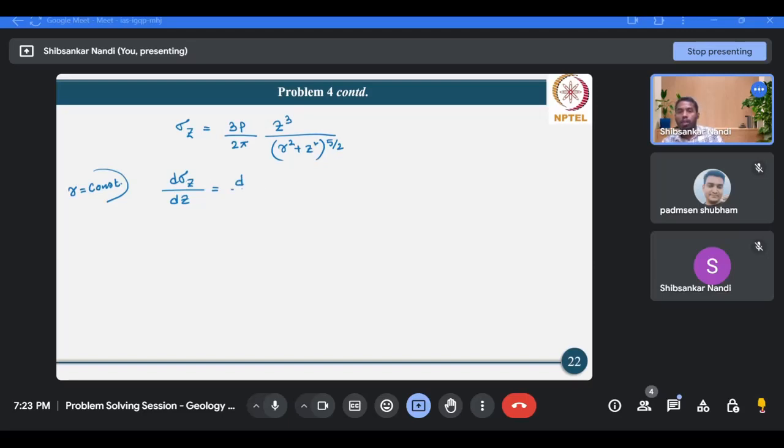So if you differentiate, this is the differentiation of u upon v. This is u, this is v. So v multiplied by du dz, that means 3z square, minus z cube times the derivative of v, with power 3 by 2.